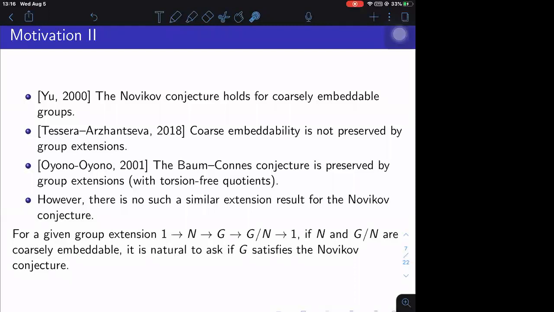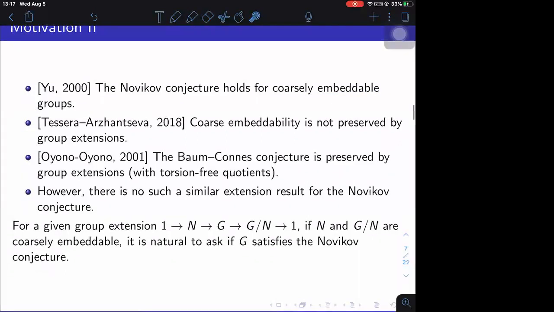The remarkable one is by Professor Yu in 2000. He proved the Novikov conjecture holds for coarsely embeddable groups. I will explain what the meaning of coarse embeddability is later. And also a recent paper by Roman Sauer and Shintaro proved that coarse embeddability is not preserved under group extensions.